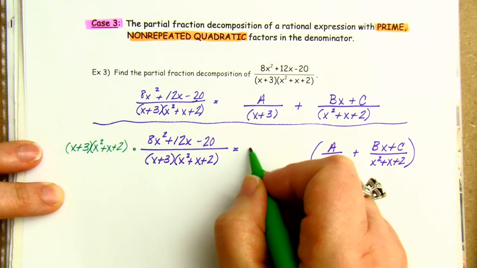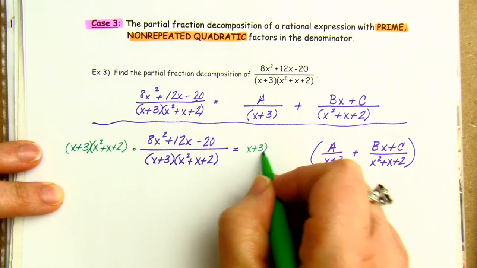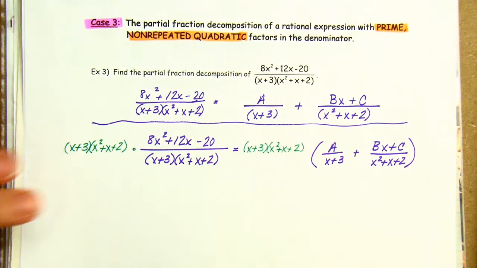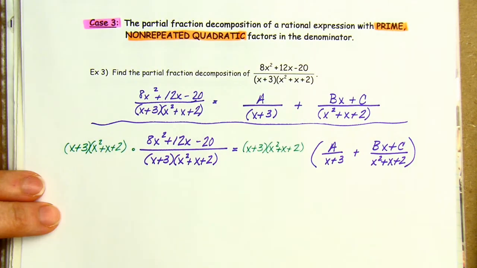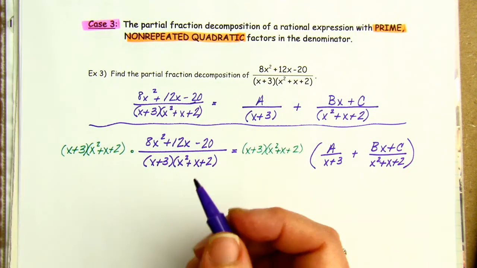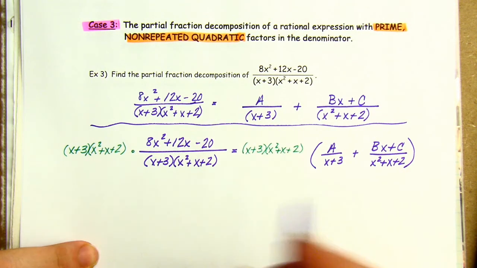You have to do that on both sides. The left side, the whole denominator is going to get divided out.